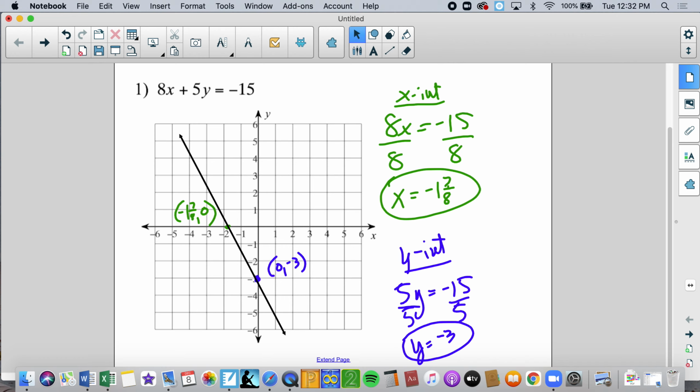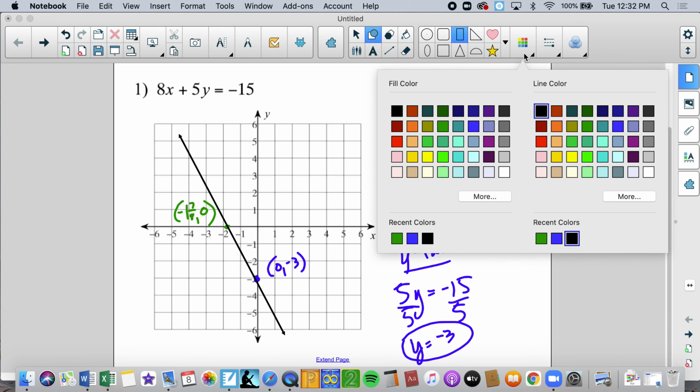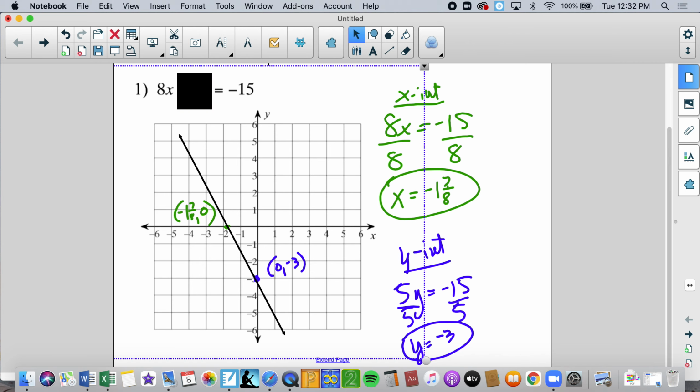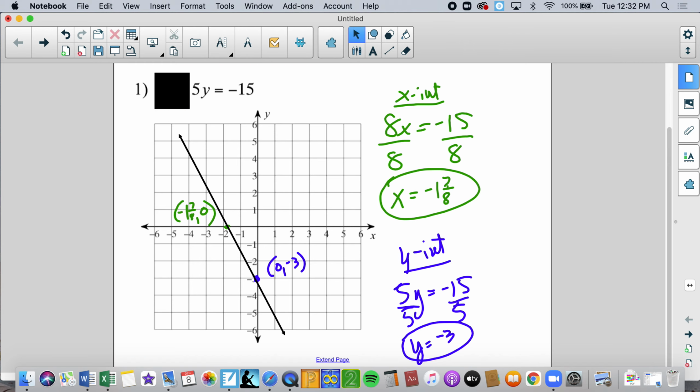What we can do, technically, this is the way that I typically do this problem, is we'll do this. So what I'll do is, to find the x-intercept, I cover up the y value and I solve for x. When I want to find the y-intercept, I cover up the x value and I solve for y.